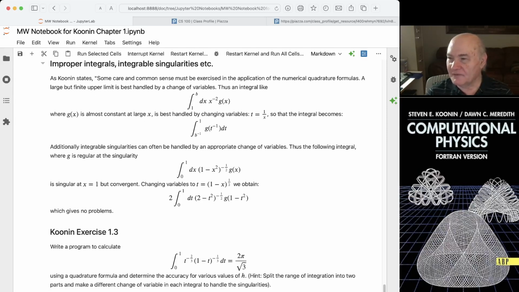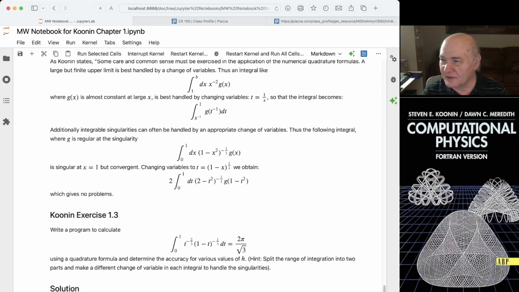So the best thing to do with these kinds of cases is to make a variable change. If you do t equals 1 over x, it changes the integral to the integral from minus 1 to 1 of g of t inverse dt. And so that's an easy way to handle that.